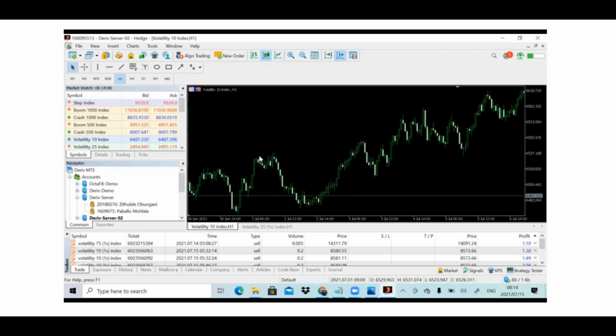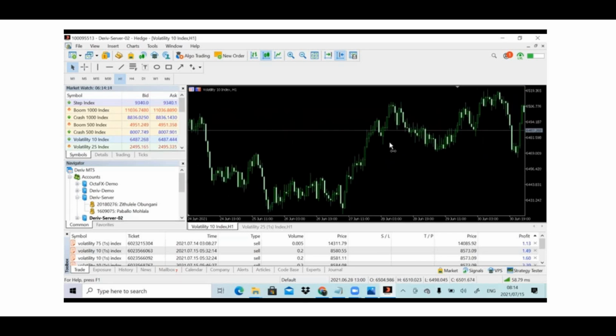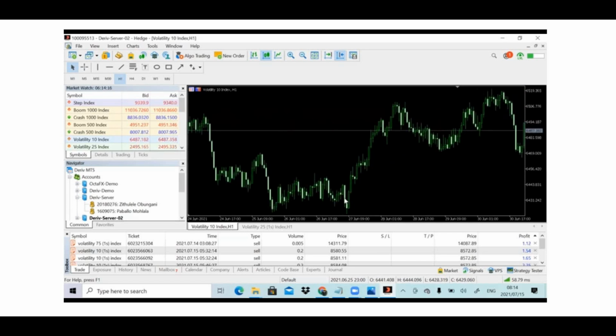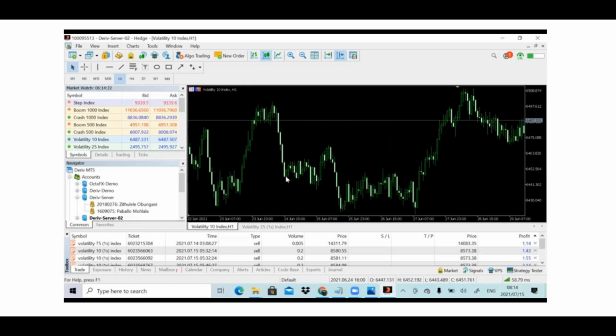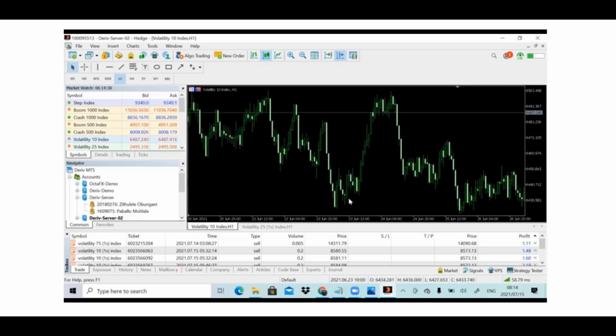A double top, symmetrical. Like that. Double bottom here. Triple bottom right here. Double top right here. Triple bottom right here.